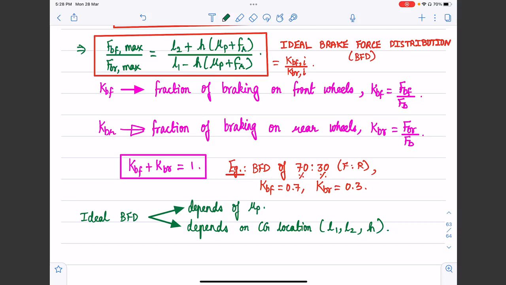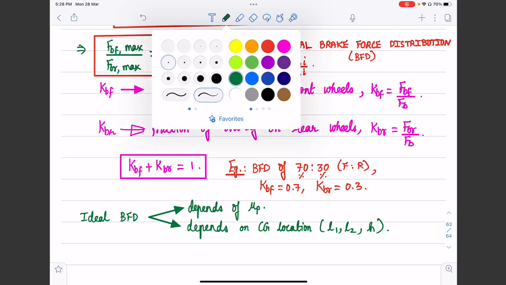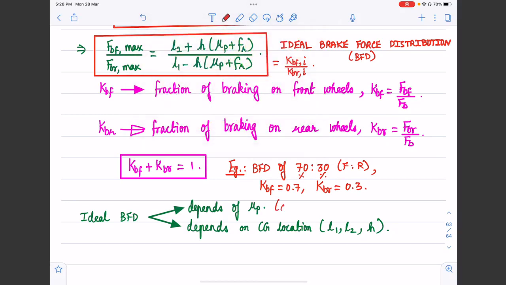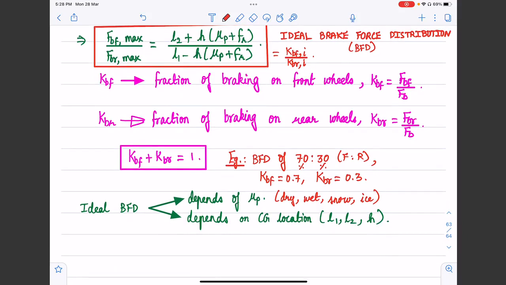Why? Because point number one, if we have a dry road surface as against a wet, snowy, or icy road surface, this brake force distribution is going to vary. Depending on the type of road surface, we are going to have a different value of ideal BFD.